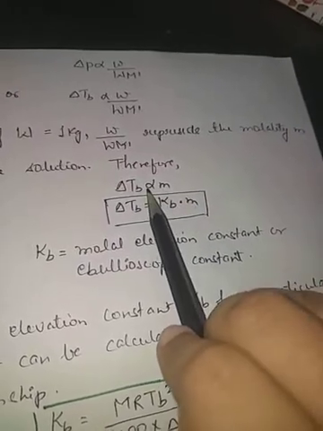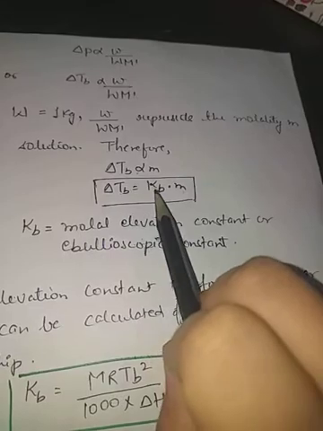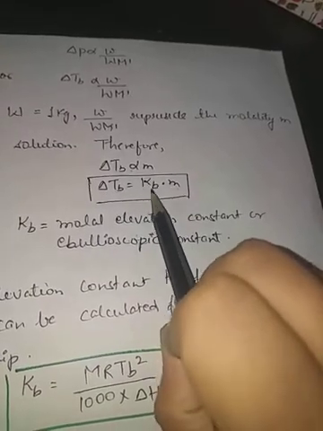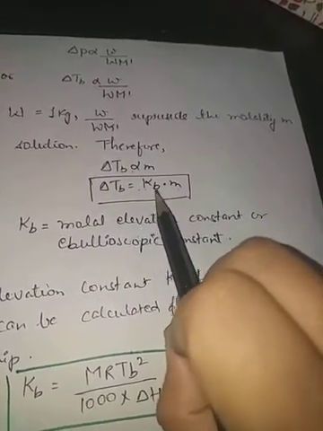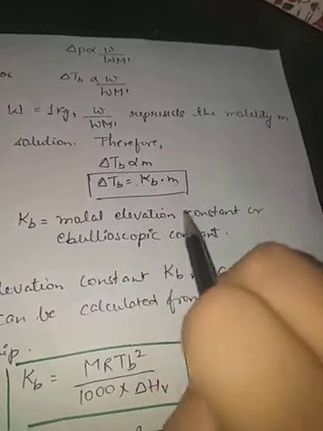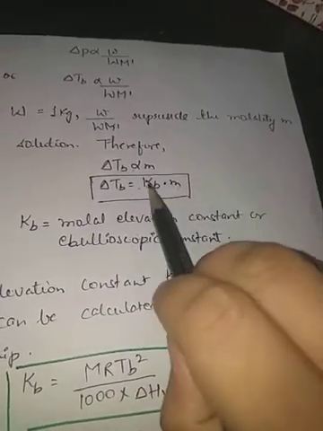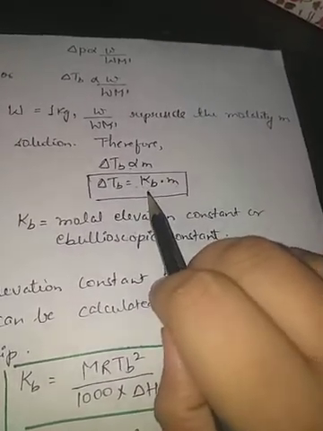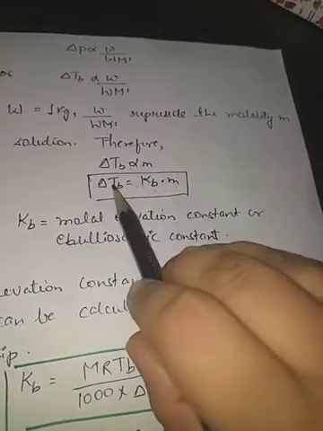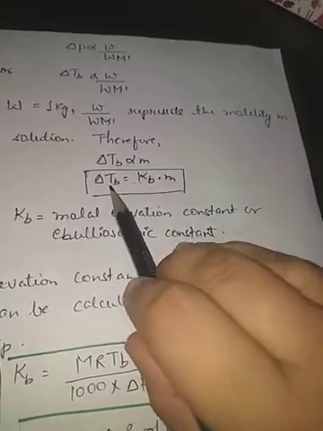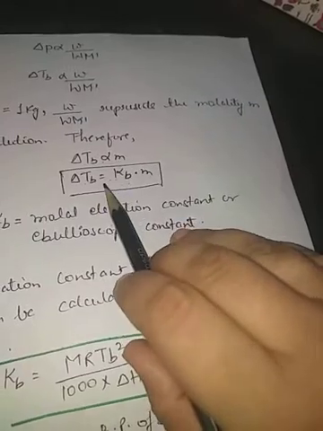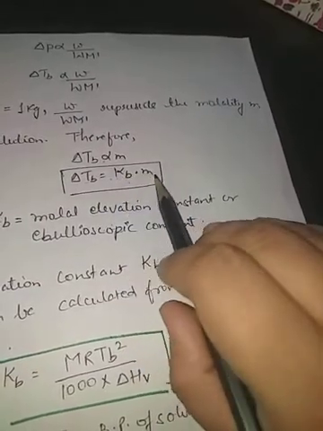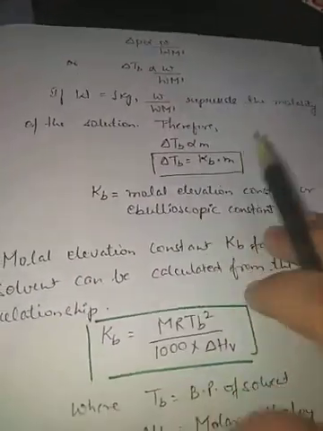If this proportionality sign is replaced by a constant, that is Kb, and this Kb is called molar elevation constant or ebullioscopic constant. So delta TB, the change in boiling point, is equal to Kb into molality.